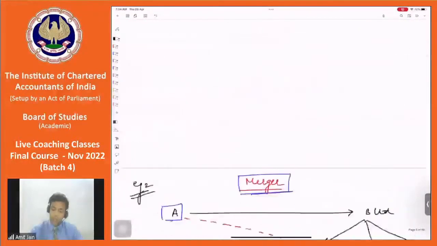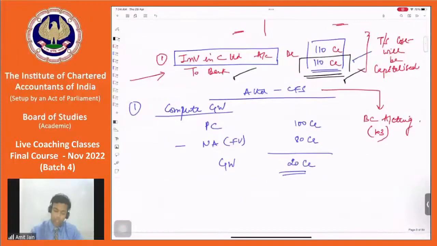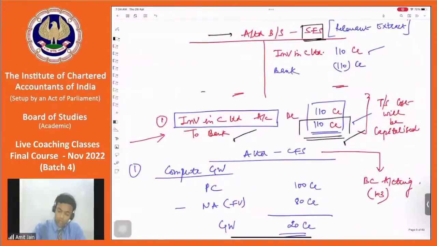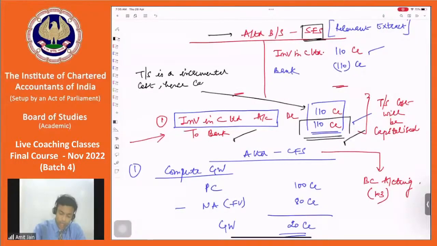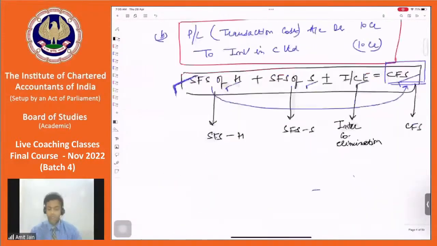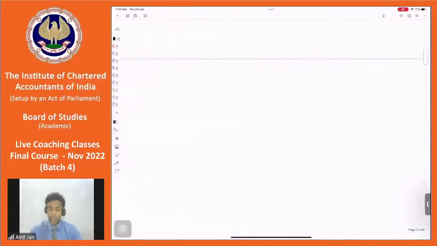But in the standalone, it is a cost. Transaction cost is an incremental cost, and hence capitalized. I think Jay is getting confused why this will get capitalized in the standalone.